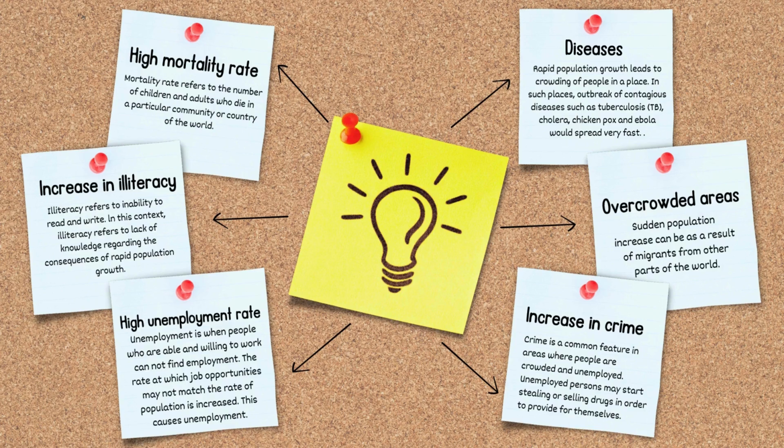Unemployment is when people who are able and willing to work cannot find employment. They cannot find a job. Job opportunities may not match the rate at which the population is increasing. This causes unemployment.